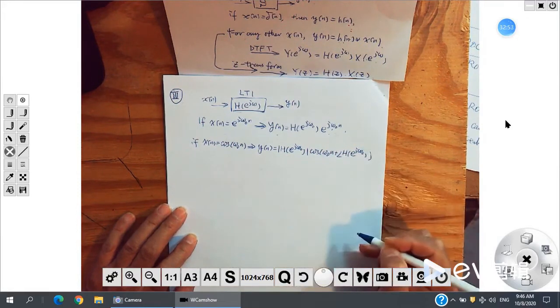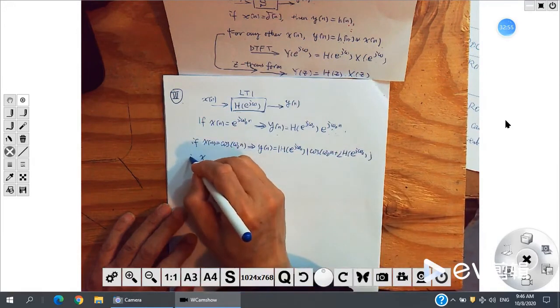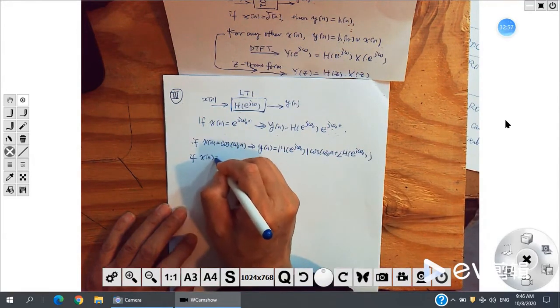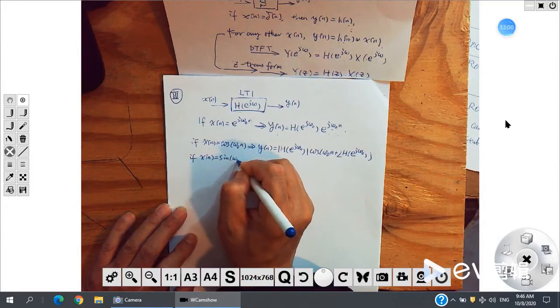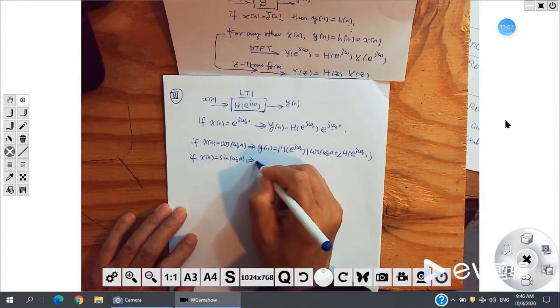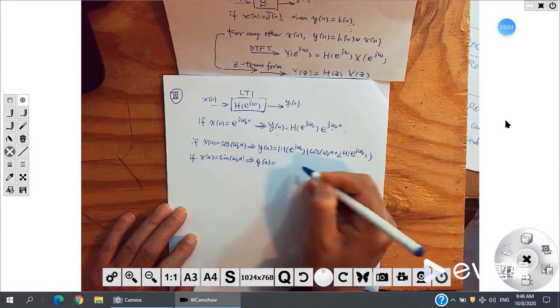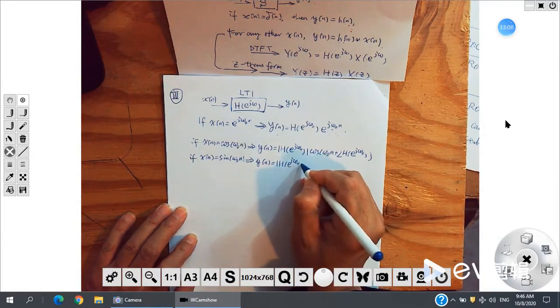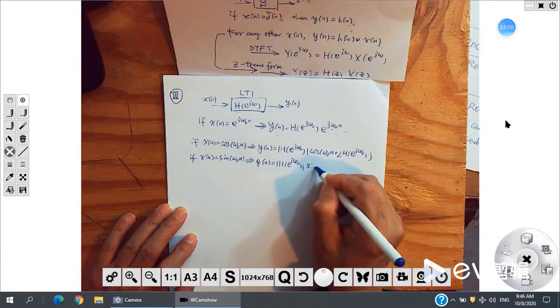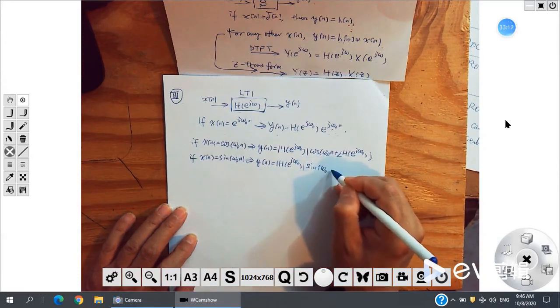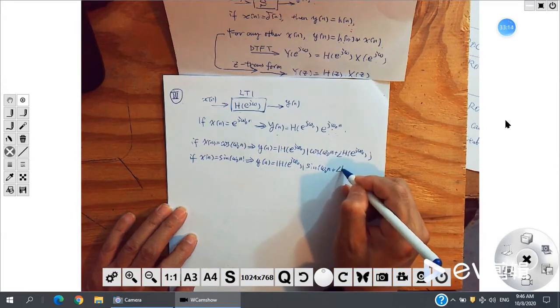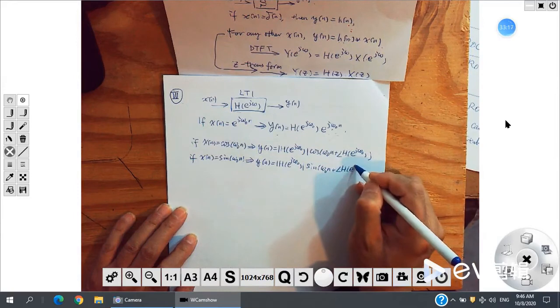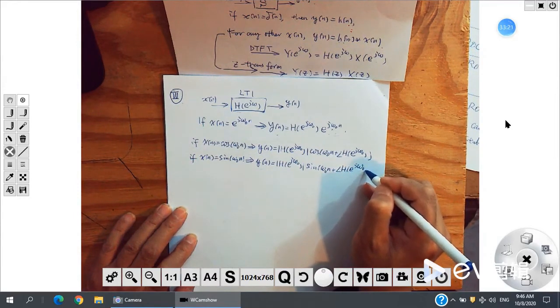If x of n is a sine of omega 0 n, we have y of n equal to the magnitude of H of e to the j omega 0 times sine of omega 0 n plus the phase angle of capital H at omega equal to omega 0.